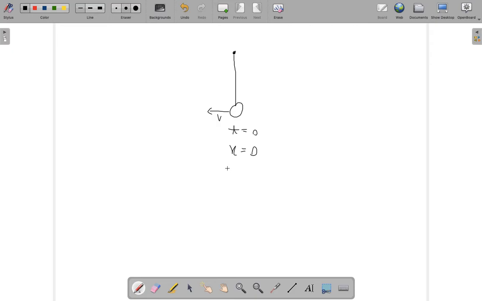Thus, it's at maximum kinetic energy. And its potential energy will be at its lowest value. So I'll just write it down as E_K is max and E_P is minimum, or just min.